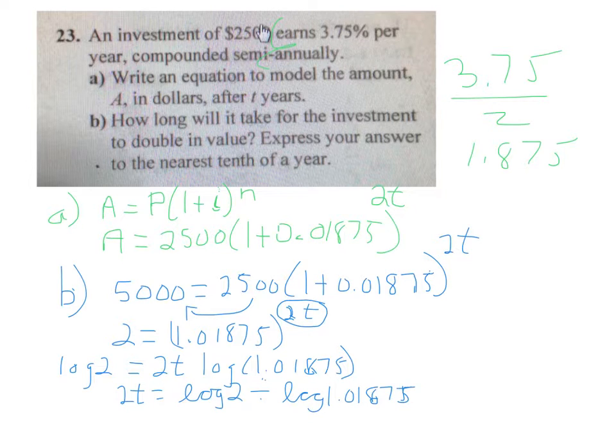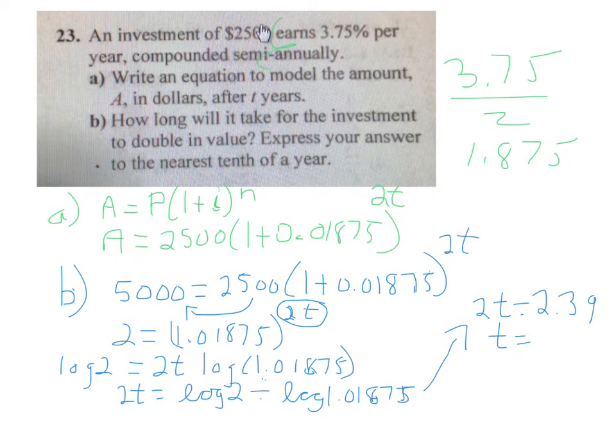Now, we have put these into base 10 logs because we took the logs of both sides, so that means your calculator log button will give us the values that we want because that's the base 10 log button. So if you just type in log 2 divided by log 1.01875, you will get a value of 2.39. And so what that means is that 2t equals 2.39.